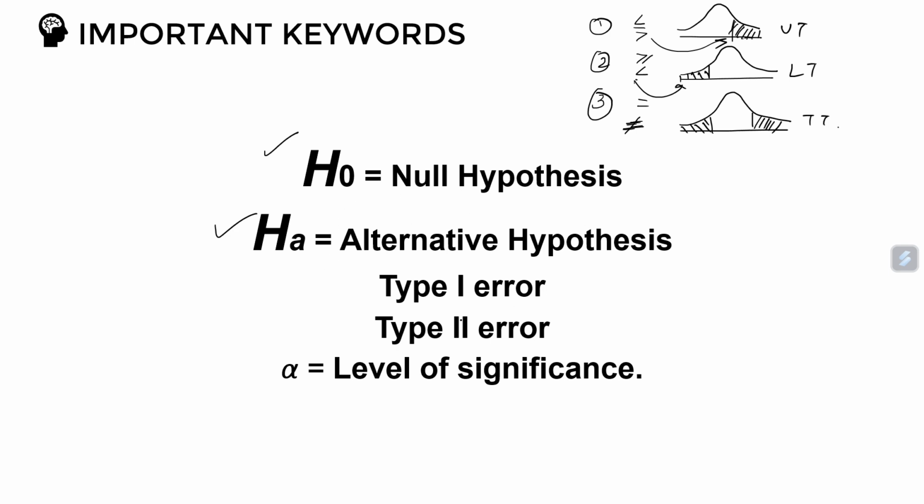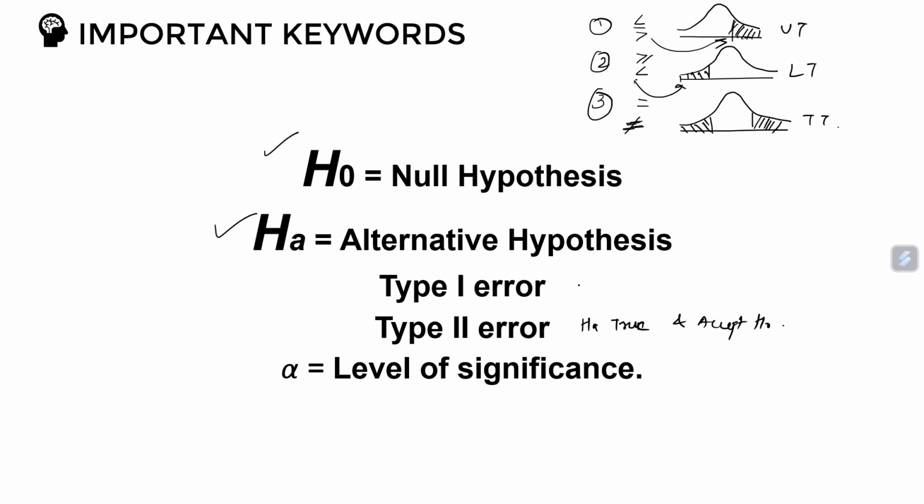Then we also understood type 1 error and type 2 error, wherein type 2 error said that our HA is true, but at the same time we are accepting H naught. HA true and accept H naught.